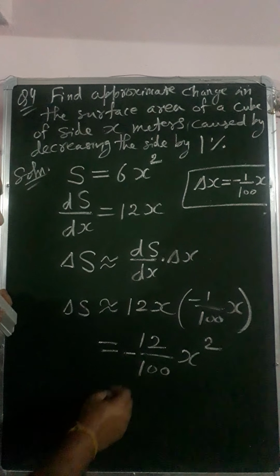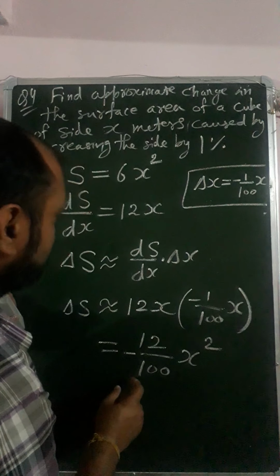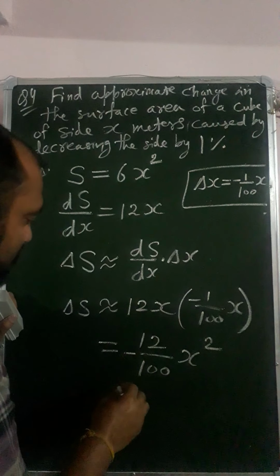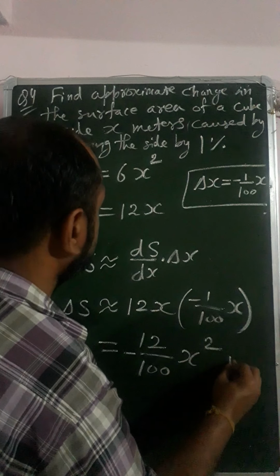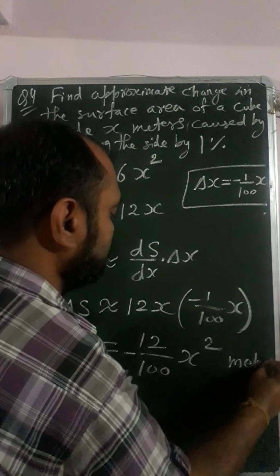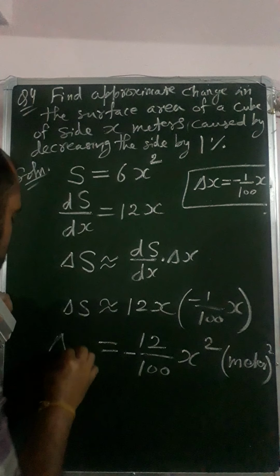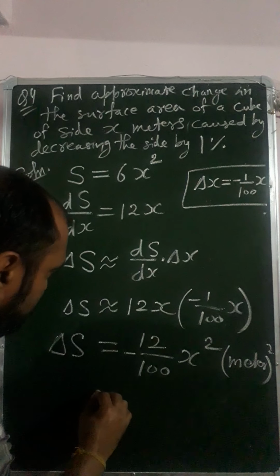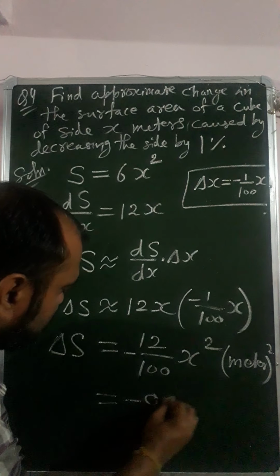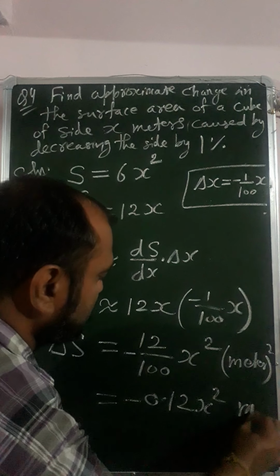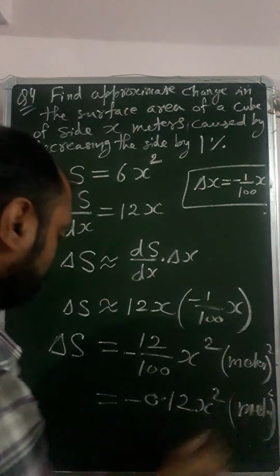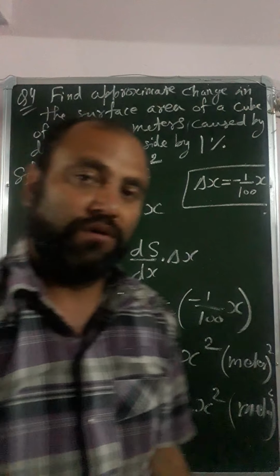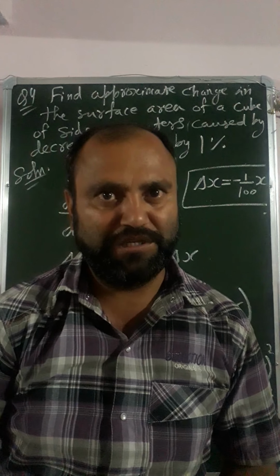The surface area is decreased because of this negative sign. This is meter square, so this is the approximate change in surface area. You can write this as minus 0.12 x square meter square. So this is the right answer. Thank you. This is all about approximation.